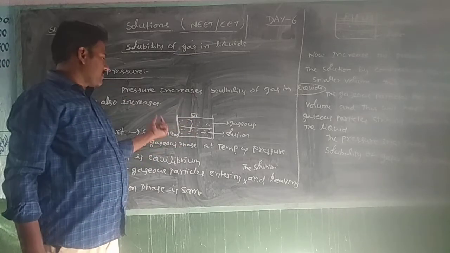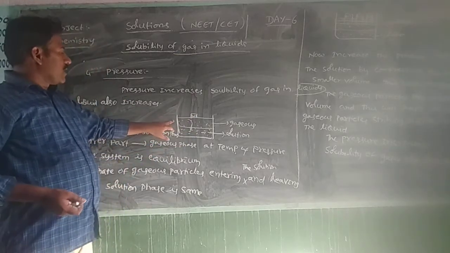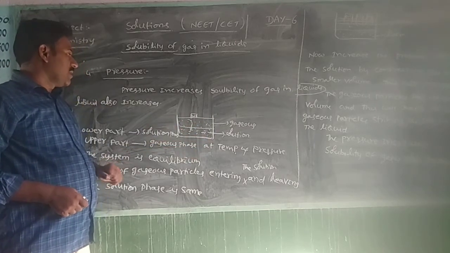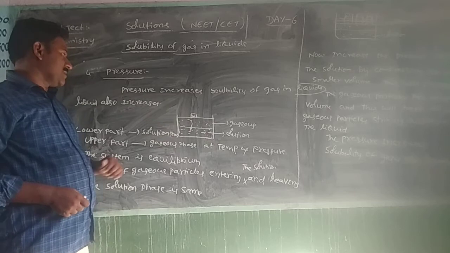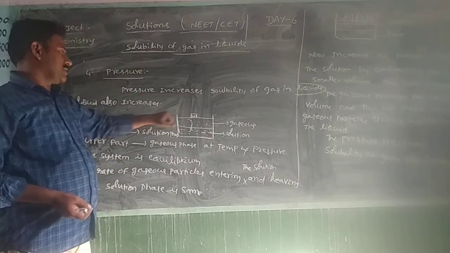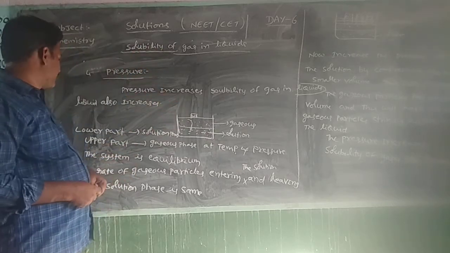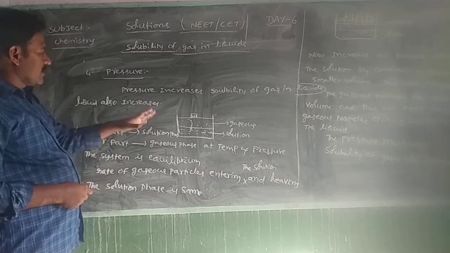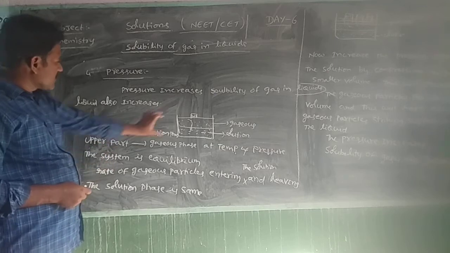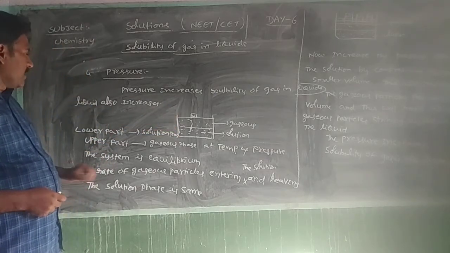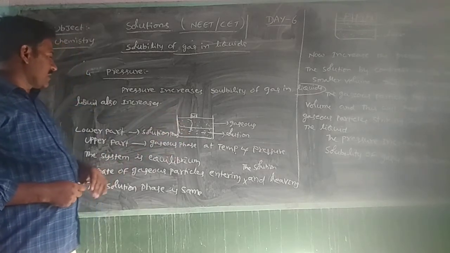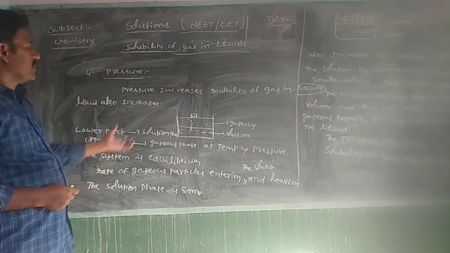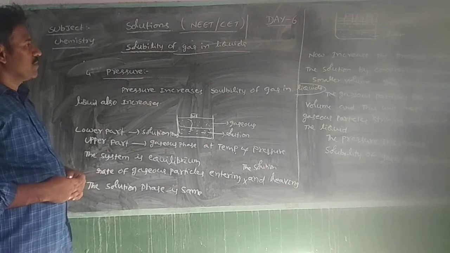Suppose, for example, we take a vessel, with the solution in the lower part and the gaseous system in the upper part, close the vessel, and put some weight on it. At a given temperature and pressure, the system is in equilibrium. The rate of gaseous particles entering the solution and leaving the solution phase is the same. That's why this is called equilibrium.